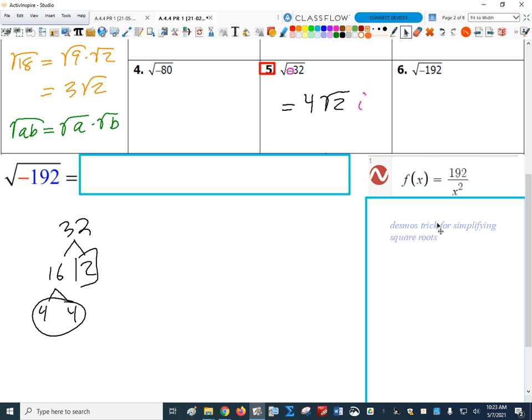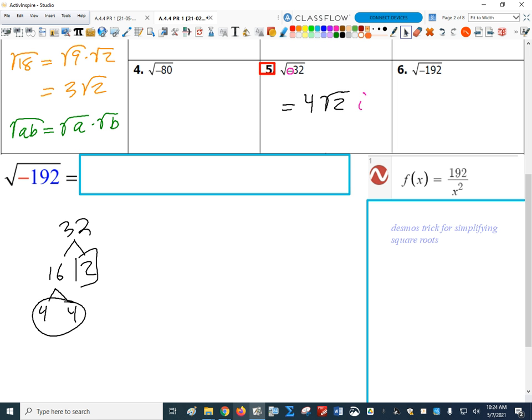Okay, in Desmos graphing, the first thing I'm going to do is define a function. I'm going to call it f of x, and it's always going to equal whatever the number is I'm trying to simplify that's under the radical divided by x squared. Everything's the same except that number is going to change depending on what your number is, right?